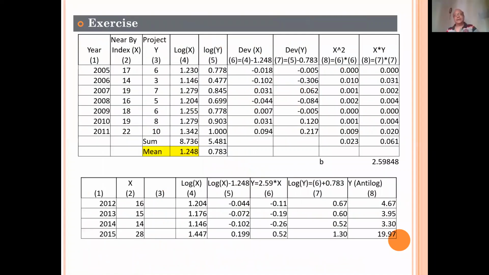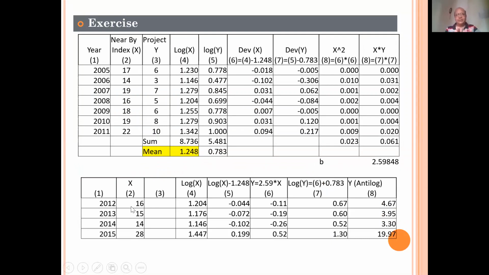Here you can see. So here, this is the nearby site or index site whose runoff is in centimeter, and this is the project site where runoff is in centimeter, but it is only from 2005 to 2011, and from 2012 onwards data we are having only of index site station.